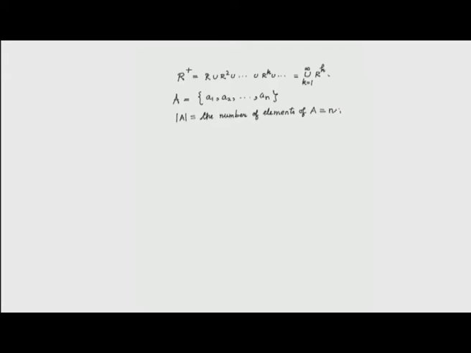By putting A within two vertical lines, we denote the number of elements of A, and in this case it is n.